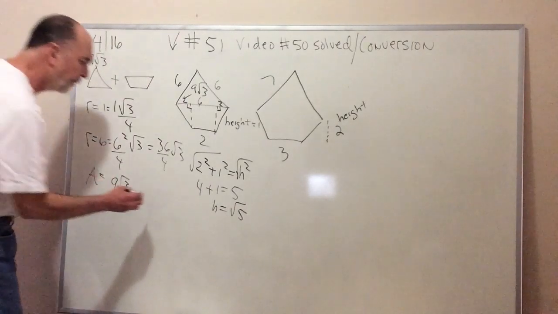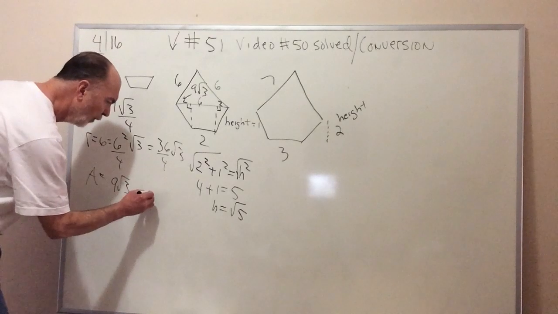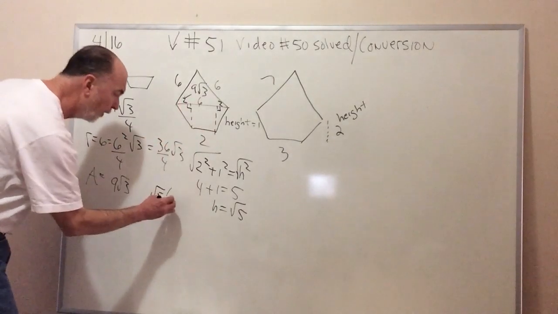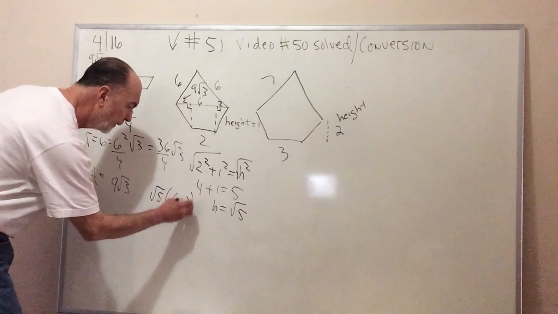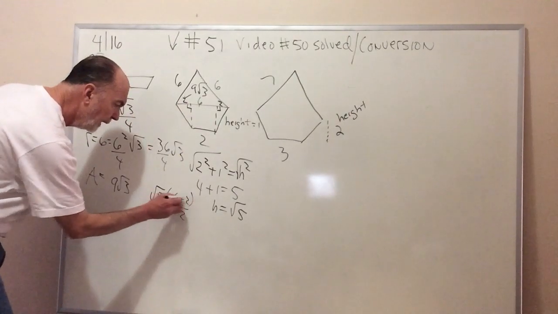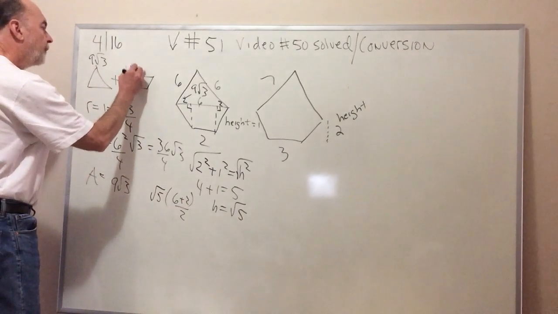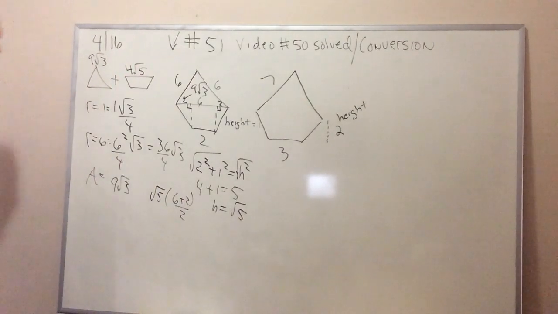So now I'm in great shape to do the problem. The trapezoid is radical 5 times 6 plus 2 divided by 2. So that's 8 divided by 2. So this is 4 radical 5. Okay?